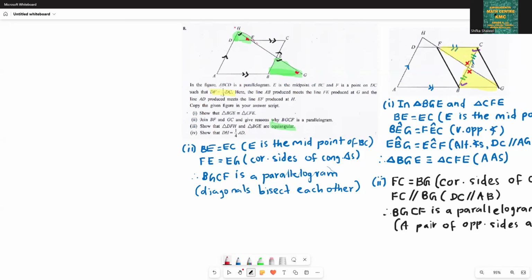Why are they corresponding angles, children? We take these two parallel lines and this transversal. This angle is the G angle, this angle is the F angle. Those two are also corresponding angles. So the remaining angle will be automatically equal. So we will write it one step at a time.